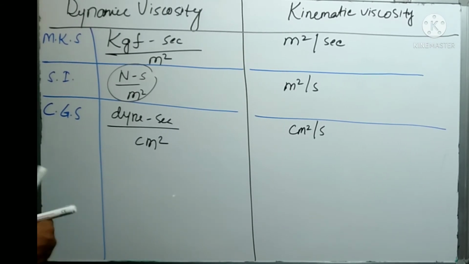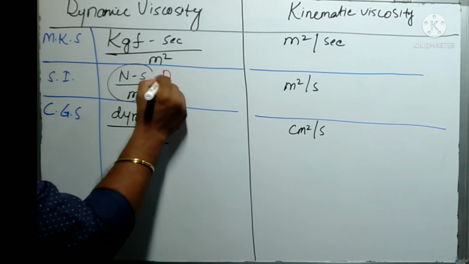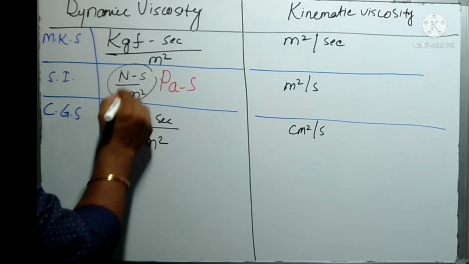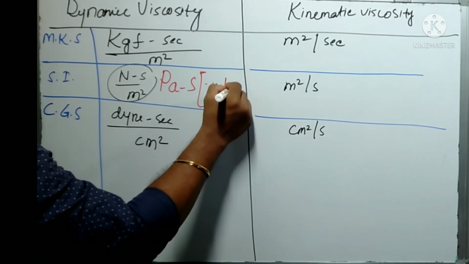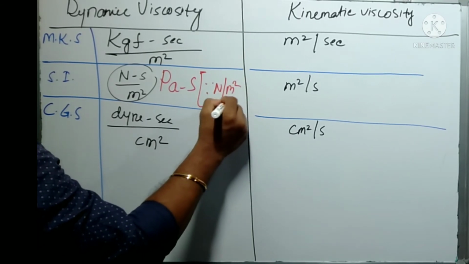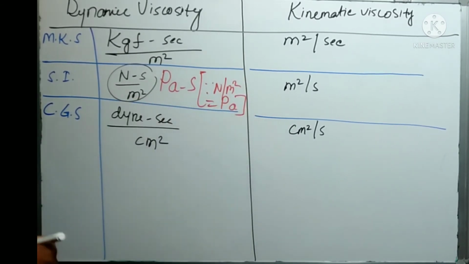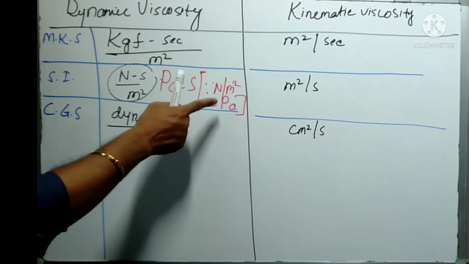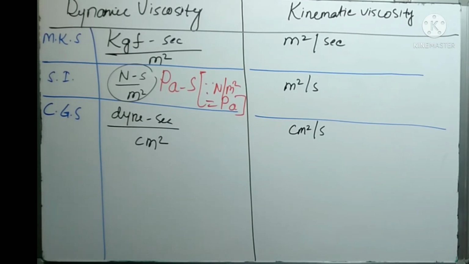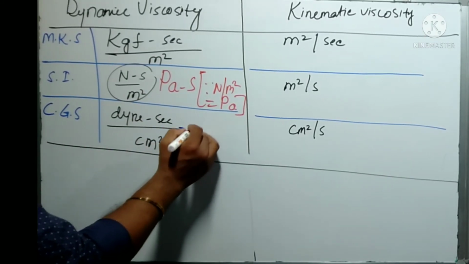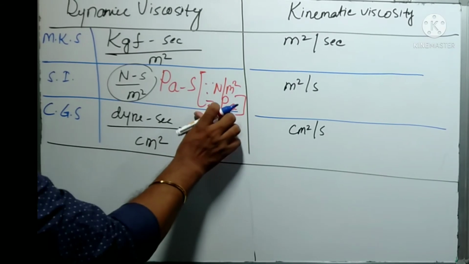Then we can write Pascal second, because Newton per meter square is also known as Pascal. So instead of Newton per meter square, we can write Pascal. This is also known as Pascal second.